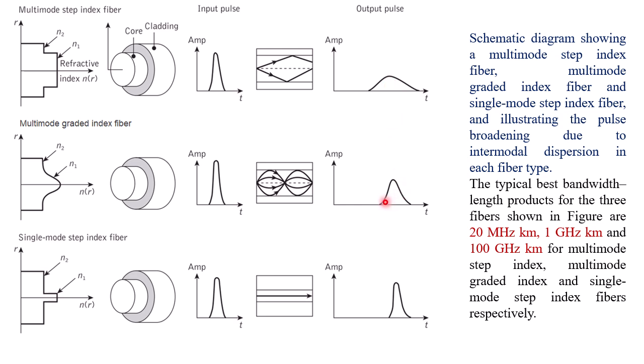At the same time, the duration of the output pulse will be larger compared to the input, but compared to step index fiber, the dispersion or the pulse broadening is much smaller. So this is why we use this graded index fiber for communication systems, and that will actually decrease the dispersion effect.